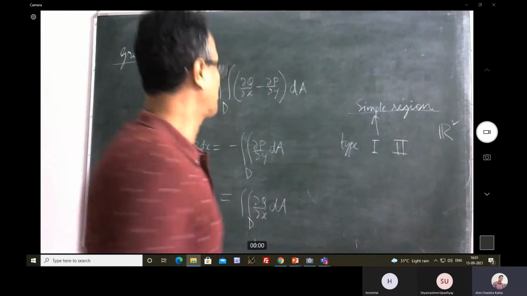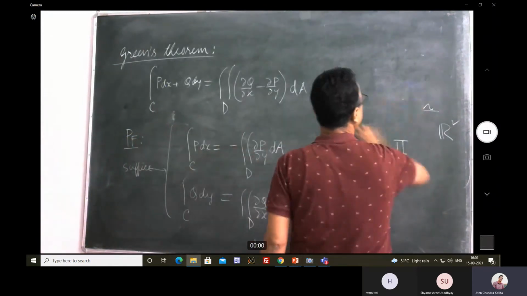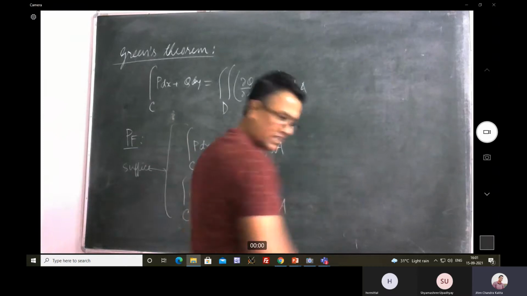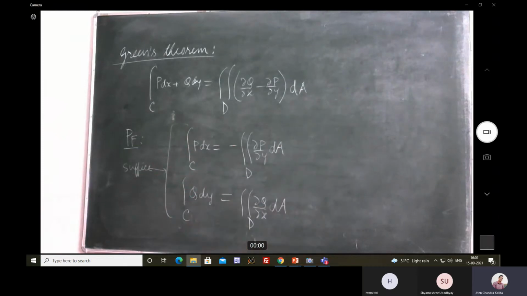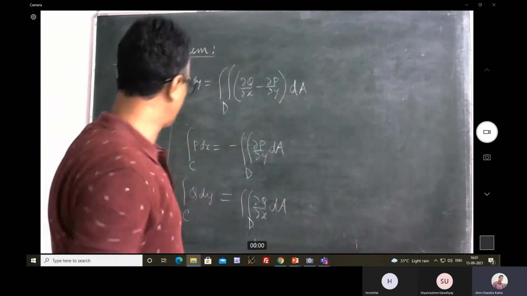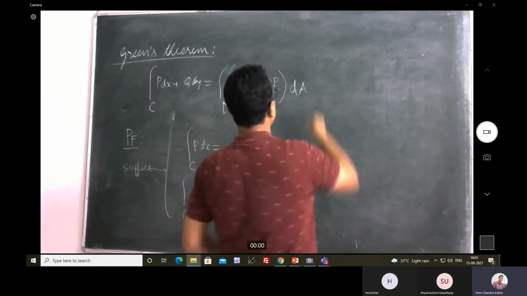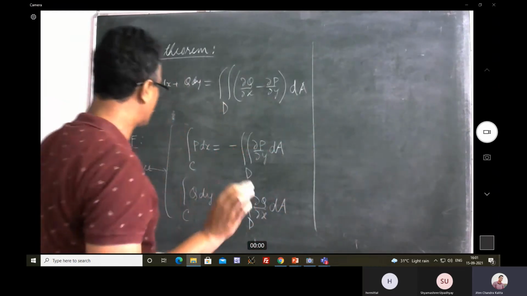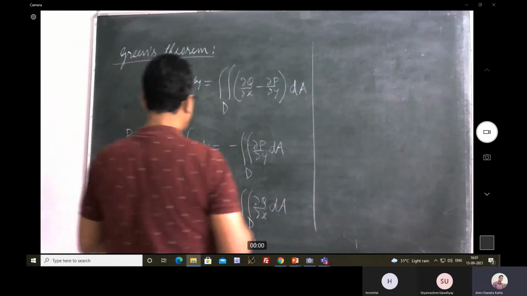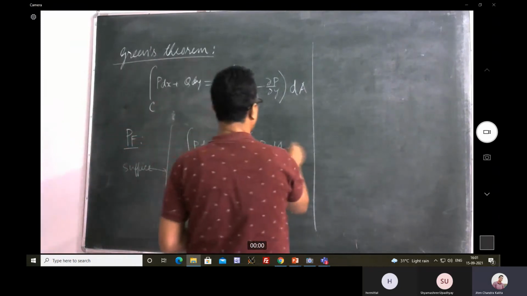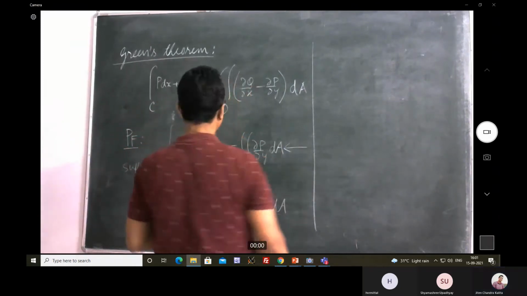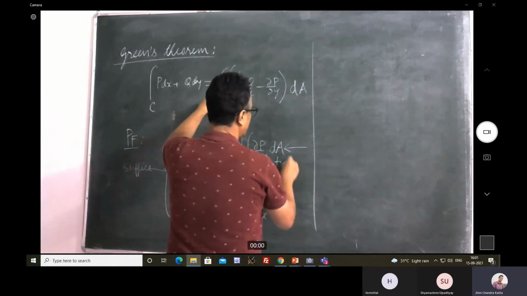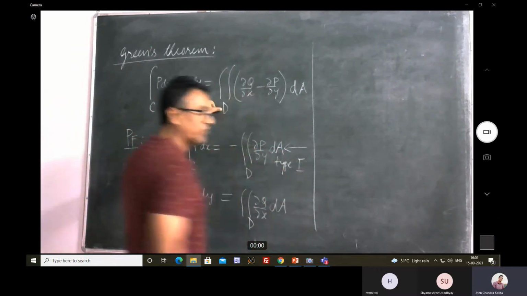Now, I'm following Stewart's book, but one thing may confuse you that I want to tell you. See what Stewart did in order to prove this part: he considered D as a type 1 region.